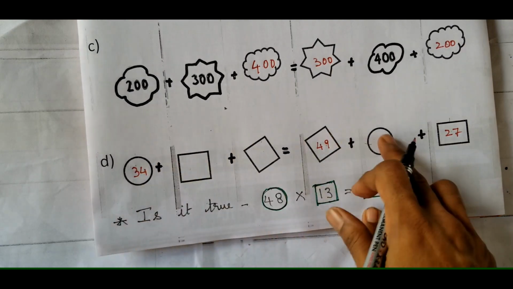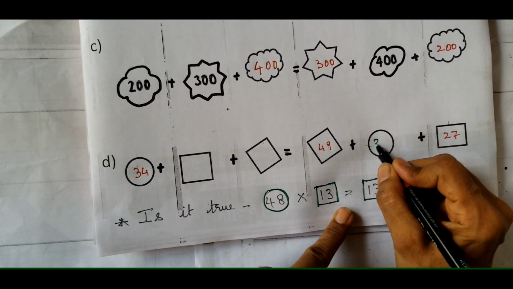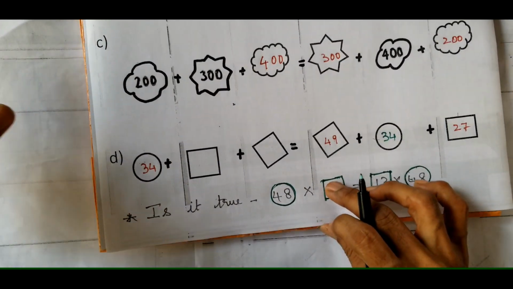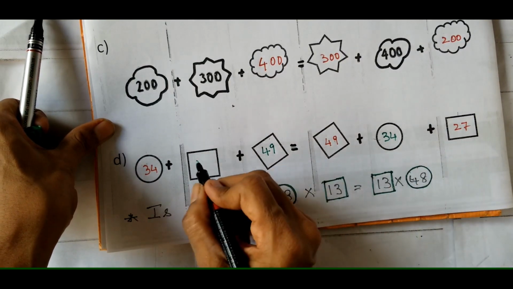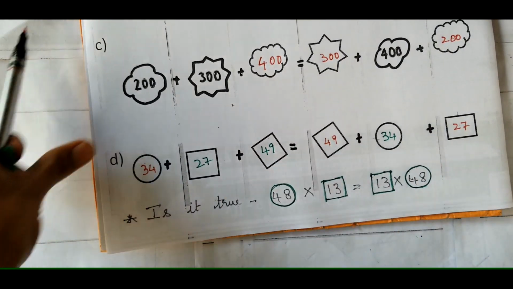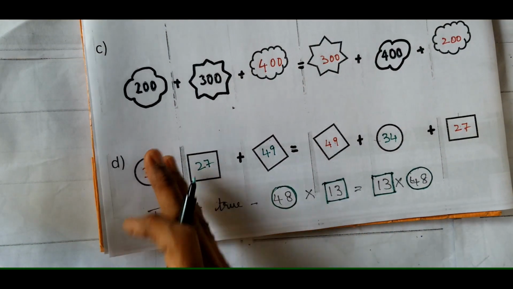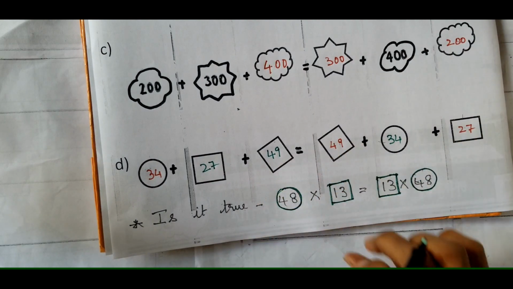This 34 will come here in the middle. These 2 numbers will come here. Now if you add these 3, write it on the left. Add these three, write it on the right, they will be same.